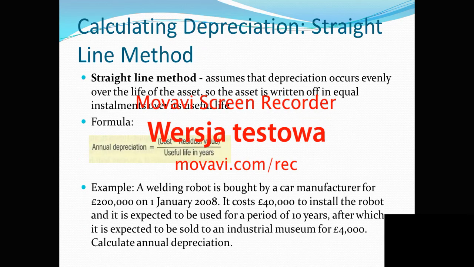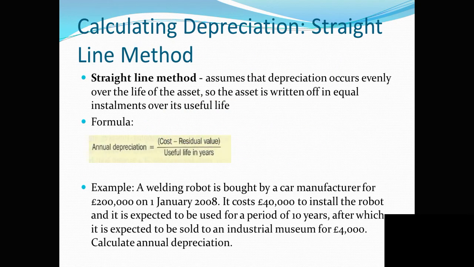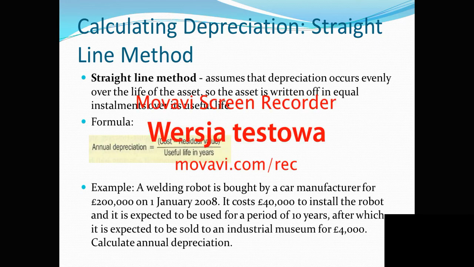Okay, so we'll look at two different methods of depreciation. One, maybe the most popular one, is called the straight line method. The straight line method assumes that depreciation occurs evenly over the life of the asset, so the asset is written off in equal installments over its useful life.